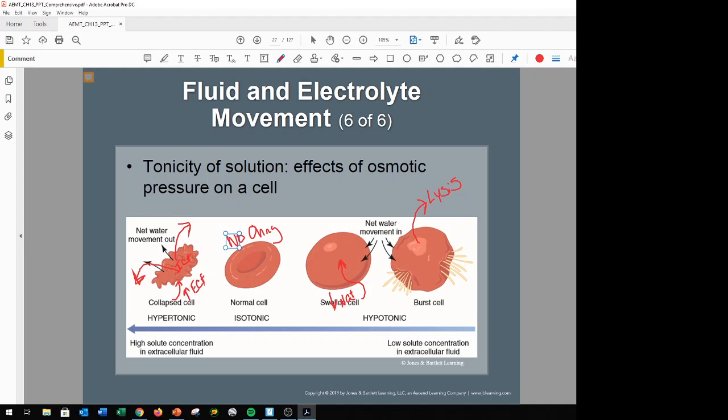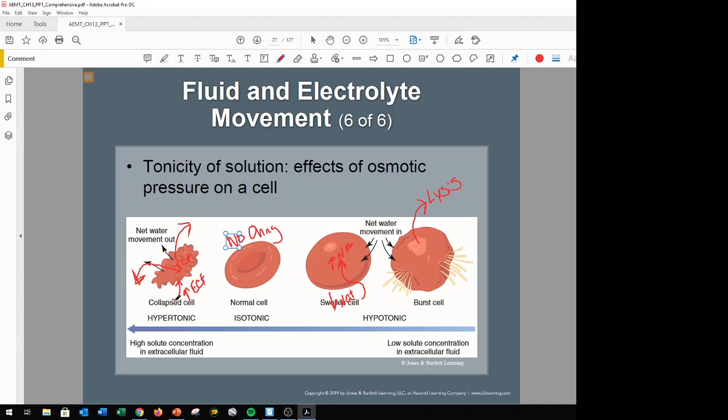Hypotonic solution has a lower concentration of sodium. Increase sodium here, decrease there, no change there.